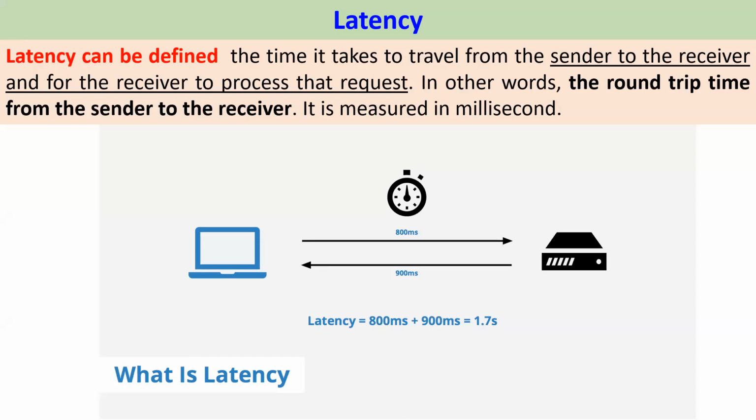It should take the minimum period to travel from one end to the other end. High latency means it takes more time to travel from one end to the other. Right, now write down the paragraph here and draw the diagram also.